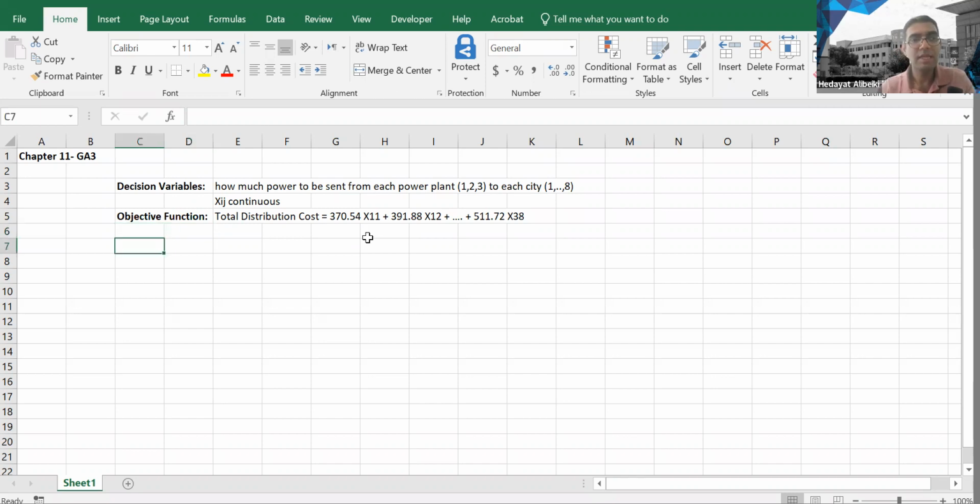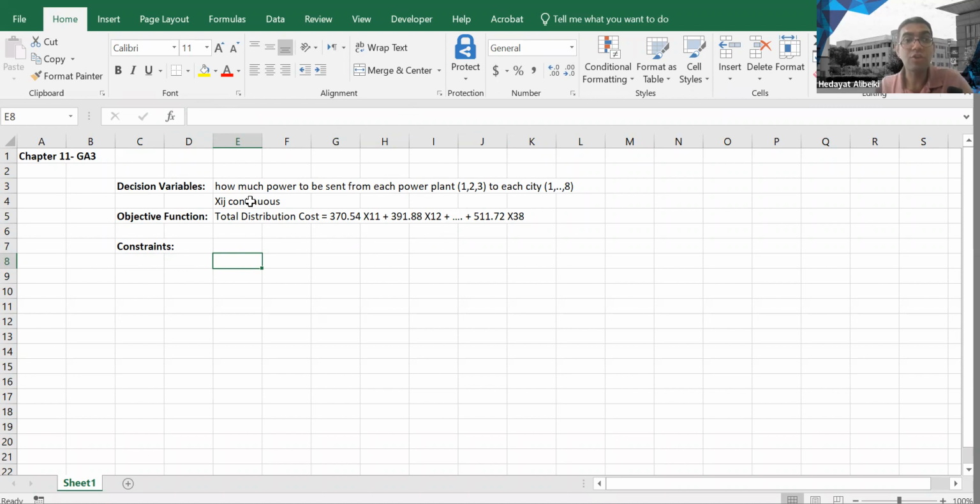All right, how about the constraints? These are the three important parts of any linear programming, any optimization problem. You're making a decision about something, so you need to know what. You need to be able to evaluate your decision.